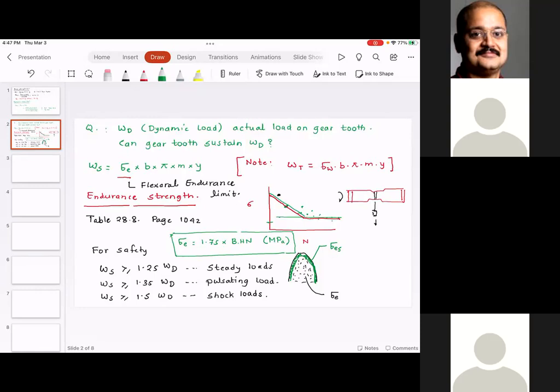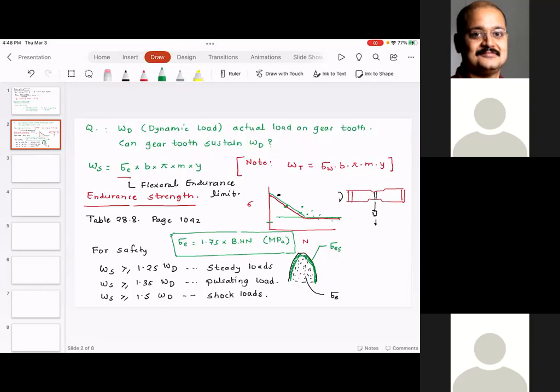So you start with a certain material based on the design recommendations, and then finally understand that the design is failing. So you have two choices. Either change the material or, if you are using steel in particular, because the majority of gears are made of steel, you can change the hardness that can be achieved with some type of surface treatment.